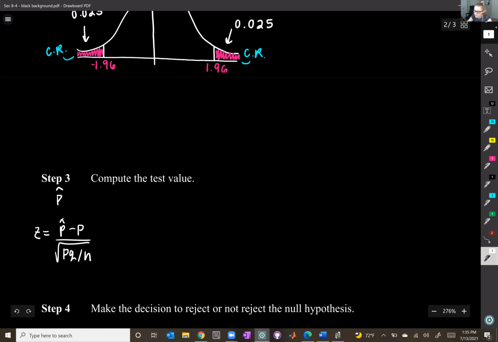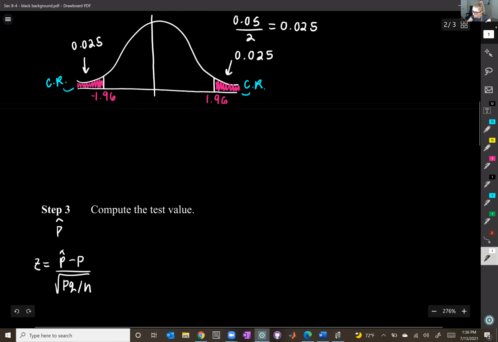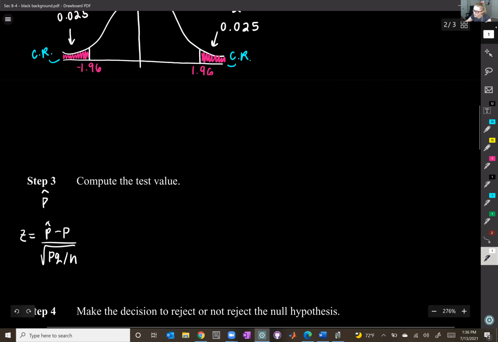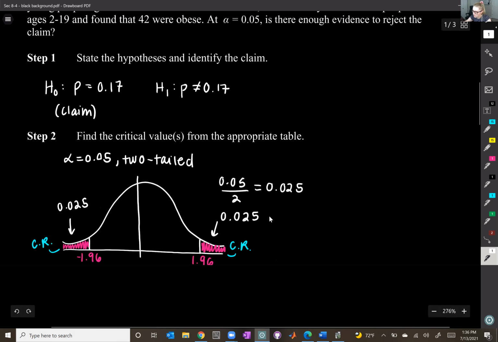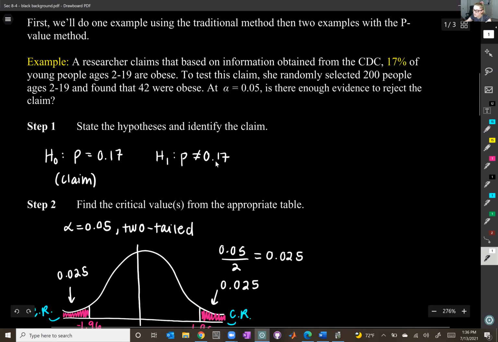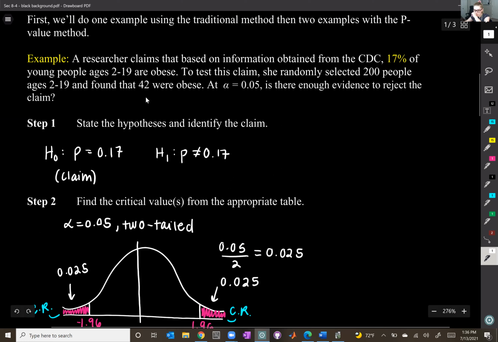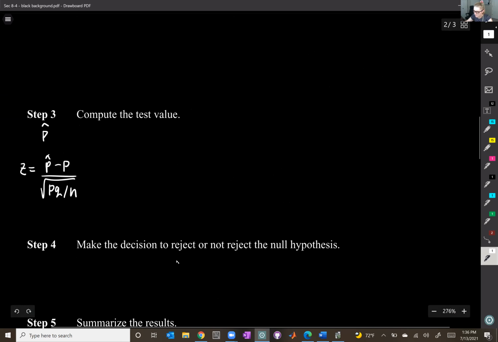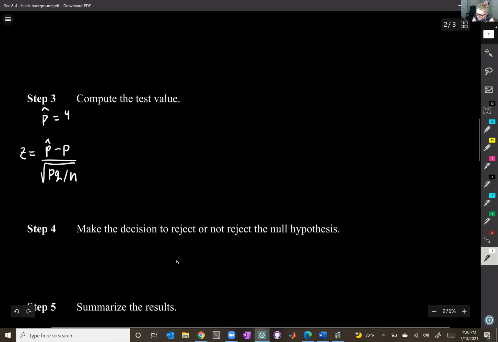So p hat is going to be the sample proportion. Sorry, my screen is so weird sometimes with scrolling. We can see that it says to test the claim, she randomly selected 200 people and found that 42 of them were obese. So the sample proportion is 42 out of 200, which we want to convert to a decimal.